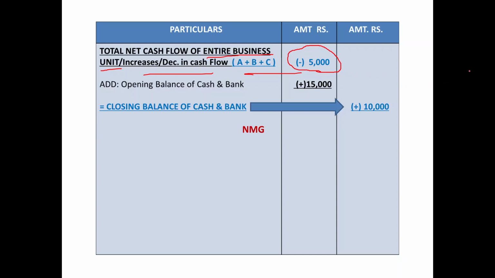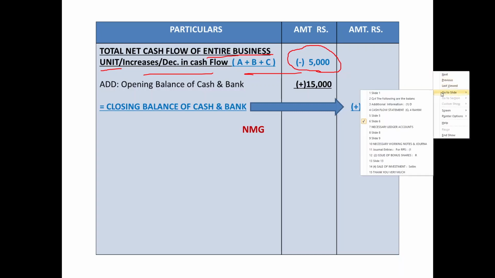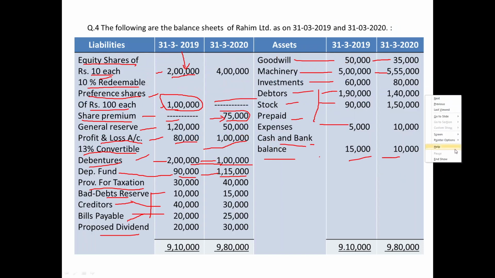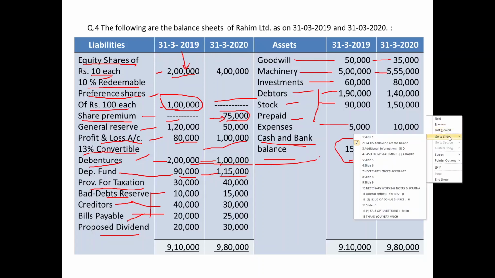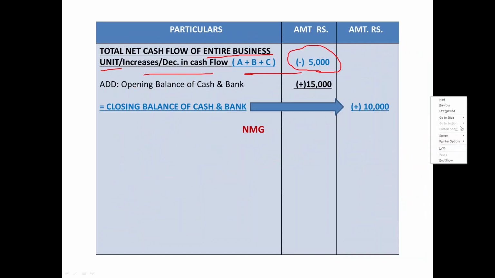Let us verify the opening and closing cash and bank balance from the balance sheet, which we had kept pending. Look at the last item on the asset side, cash and bank balance, opening 15,000, closing 10,000. Let us report it and verify, confirm the answer.